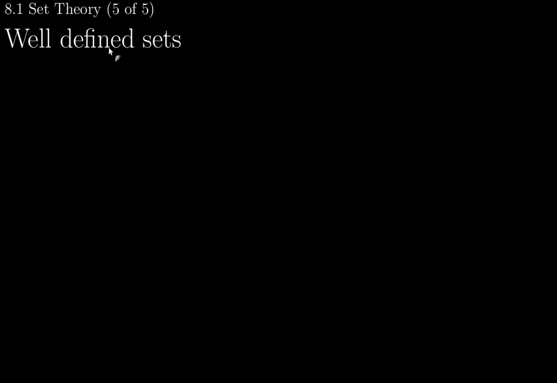And the last thing, well-defined sets. In order for a set to be well-defined, you have to be able to determine what is in and what is not in the set. And when we go on to the next section, we'll use well-defined to say that we have to define the universe from which we are pulling out these sets. But for now, let's just consider two examples, one that is well-defined, one that is not.